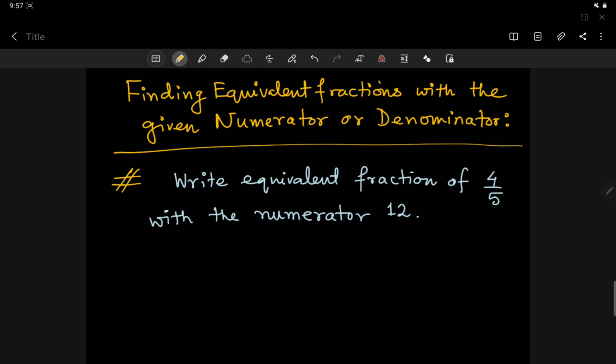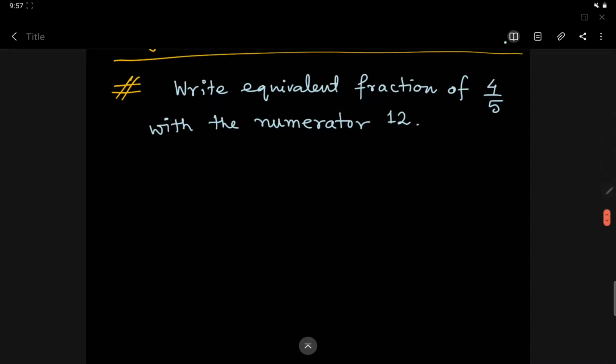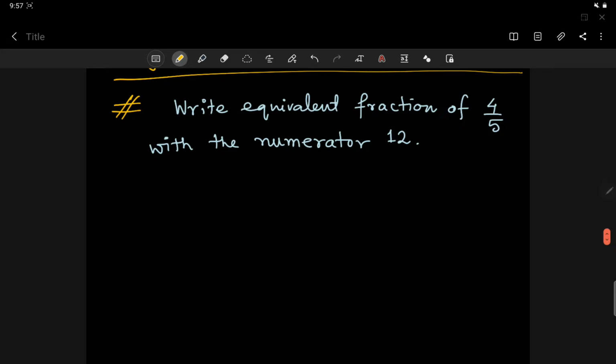So the new topic is finding equivalent fractions with the given numerator or the denominator. Now the question is, write an equivalent fraction of 4 by 5 with the numerator 12. So it is given 4 by 5.